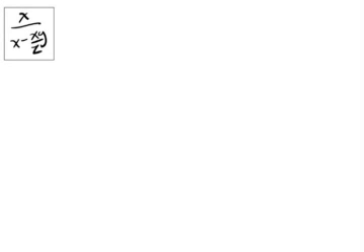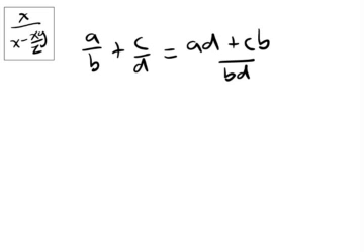Simplification of the complex fraction x divided by x minus xy over z. One of the rules that we need to know in order to solve this problem is that a over b plus c over d, these are representations of fractions, equals ad plus cb over bd.